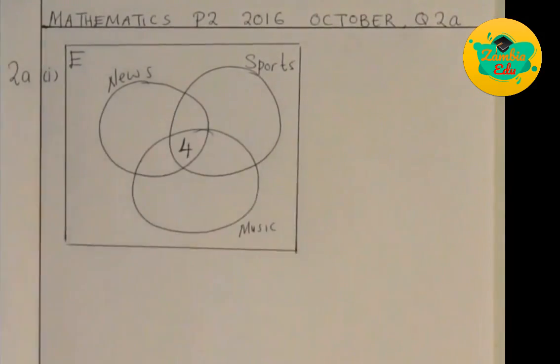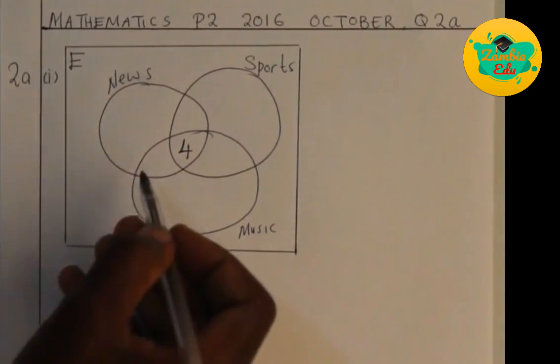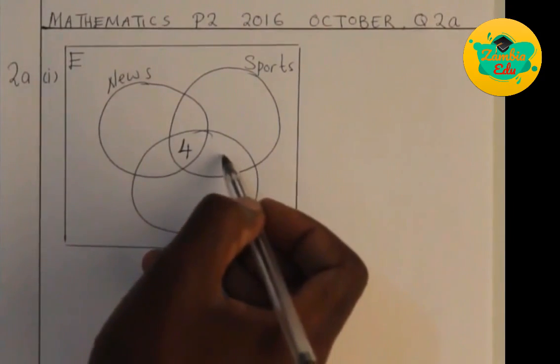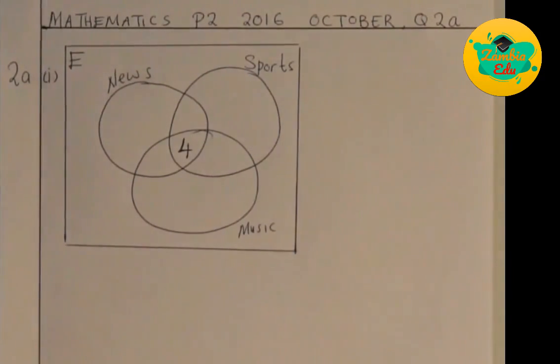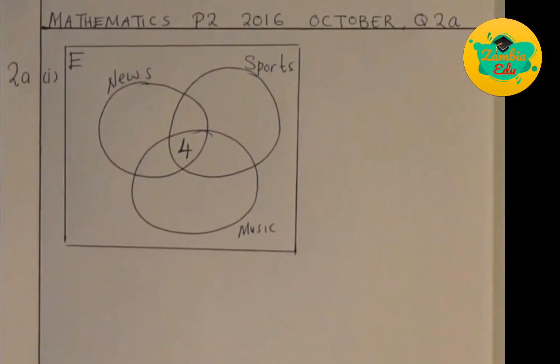After we put our 4, we are going to make sure that we fill in these other spaces, the intersections, for those that liked news and sports, then we'll do sports and music, then news and music.